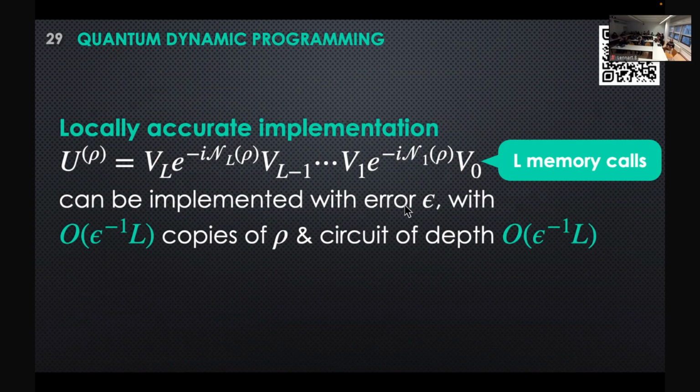If you want the error to be bounded by epsilon, we can use L/epsilon copies of rho and a circuit of depth not exponential in n, by using these memory usage query techniques. And this is possible without actually knowing what state rho is.